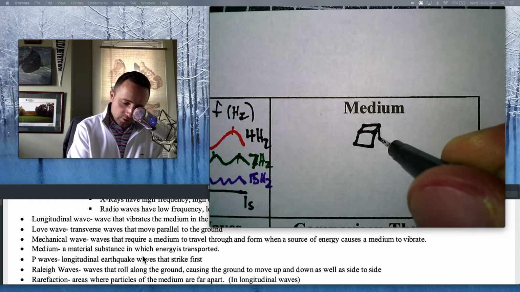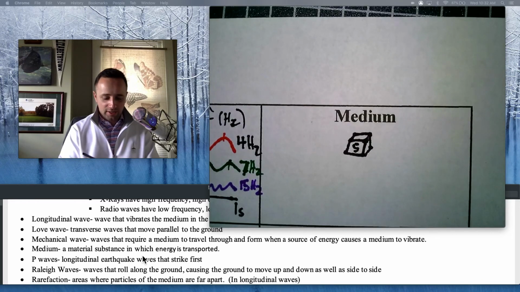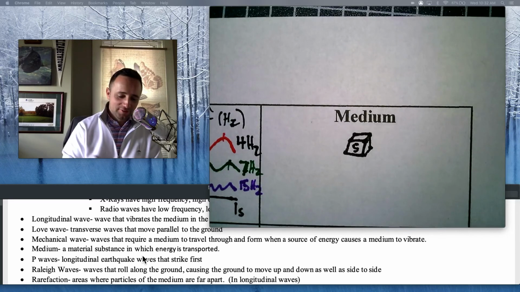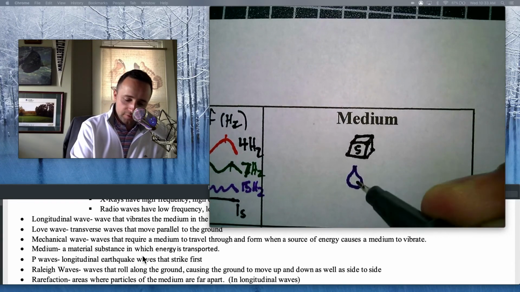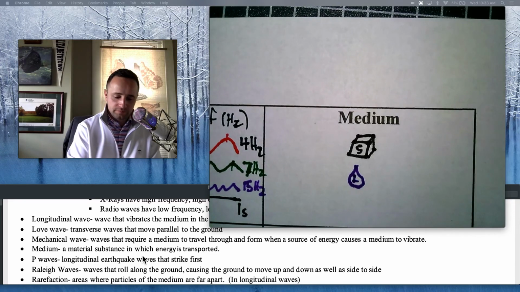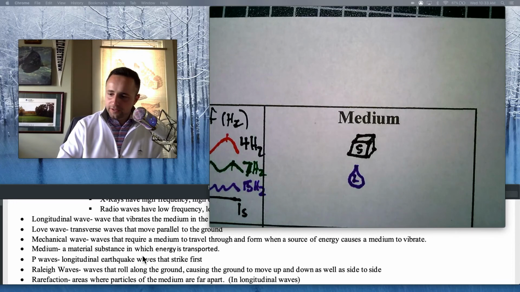So I'm drawing a cube, putting an S on it for solid. Okay. Then we go on to liquid. And yes, it's a water droplet. And then finally, you have a gas.